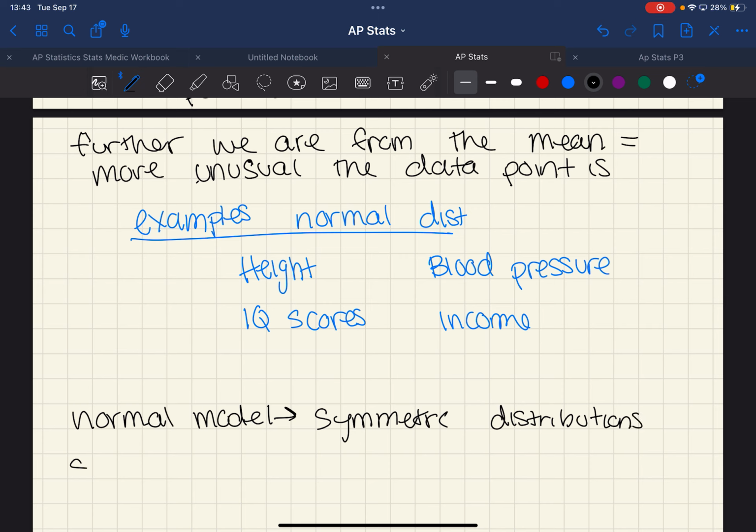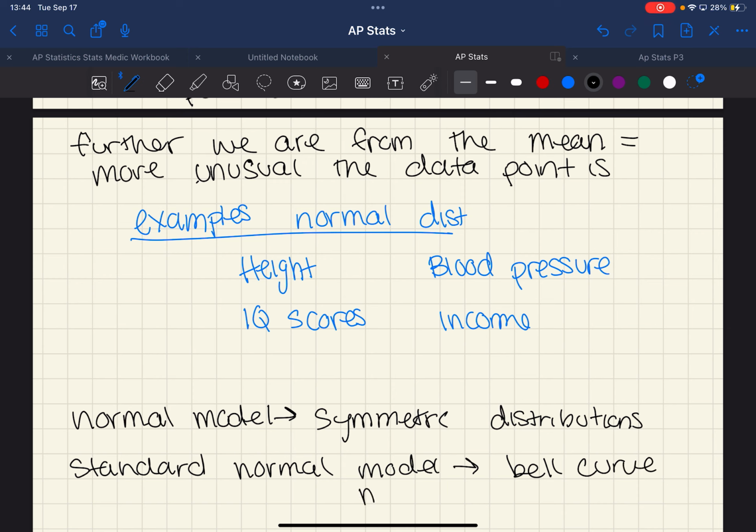And then we have the standard normal model, which is shaped like a bell curve, where the mean is equal to 0 and the standard deviation is equal to 1.